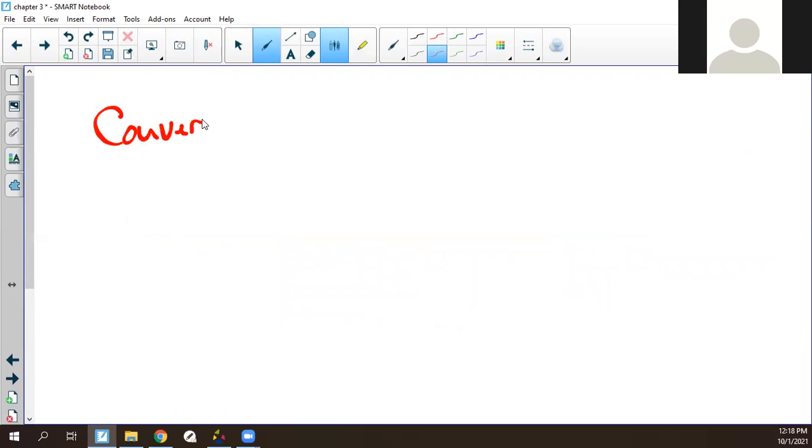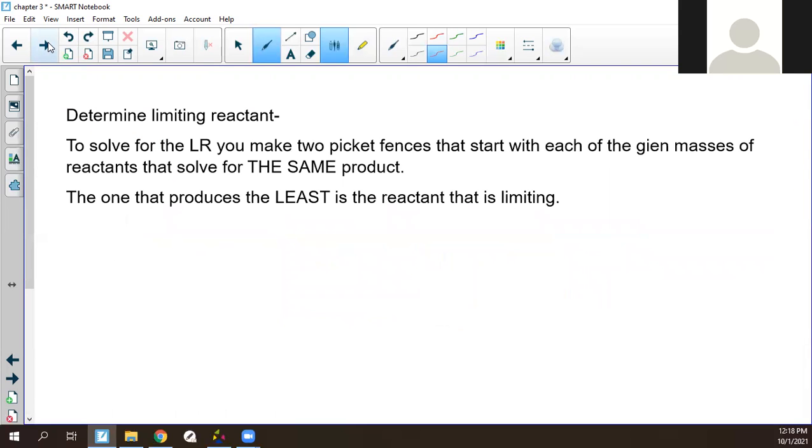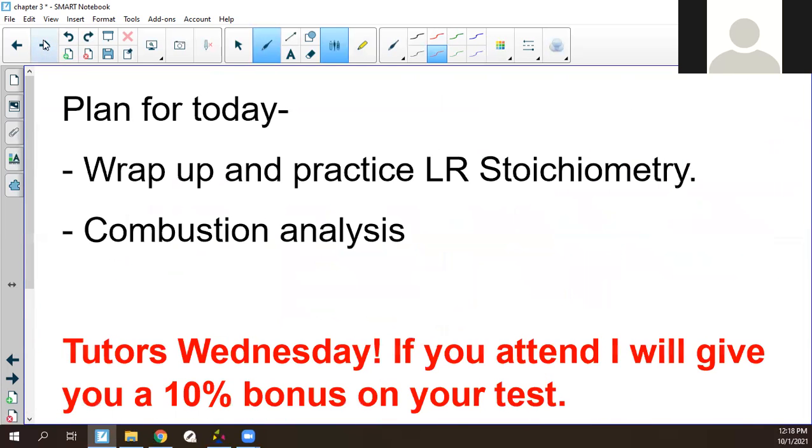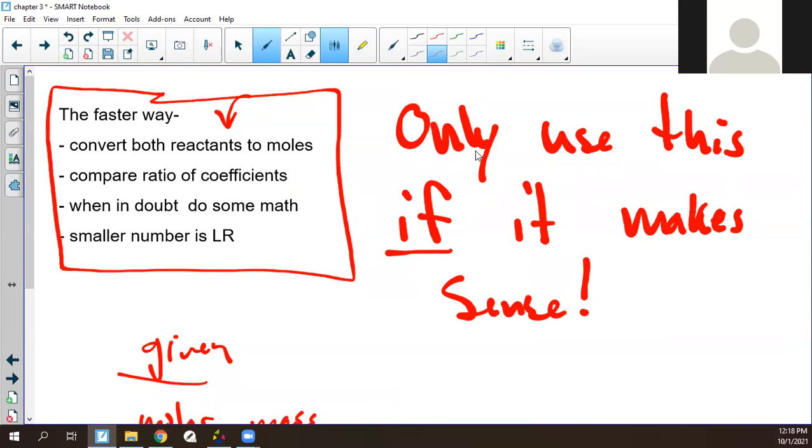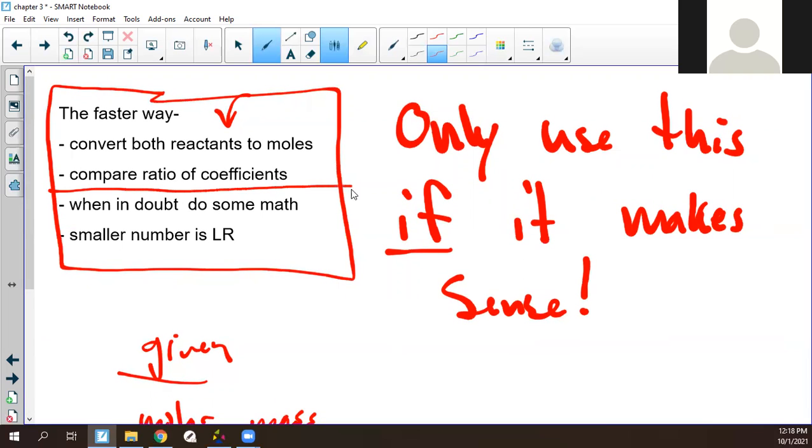Convert both, oh, I have a slide with it already on there. It's coming up. The faster way is just the top 2 right here.